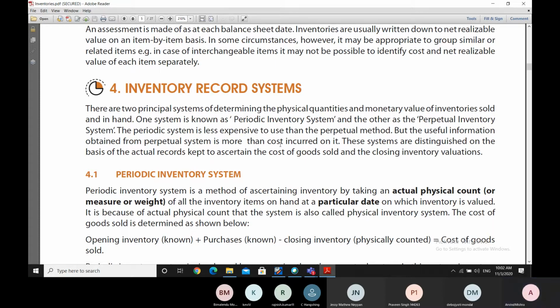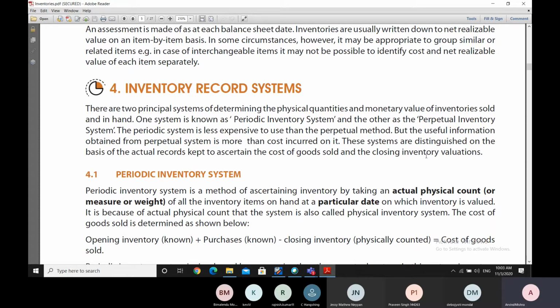These systems are distinguished on the basis of the actual records which are kept to ascertain the cost of goods sold. Basically, the main purpose of keeping inventory is to find out the cost of goods sold, as we have seen. Because once we have the cost of goods sold, we have the gross profit, and once we have the gross profit, we have the income.